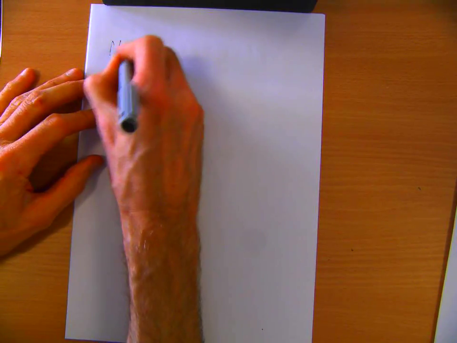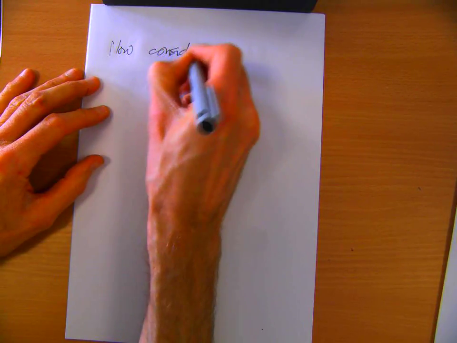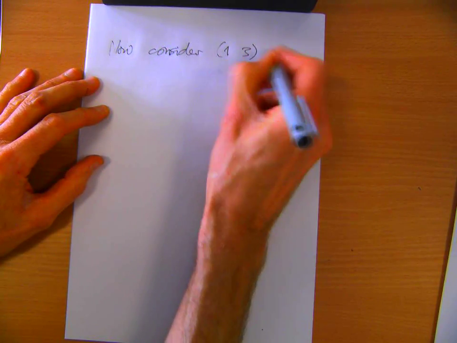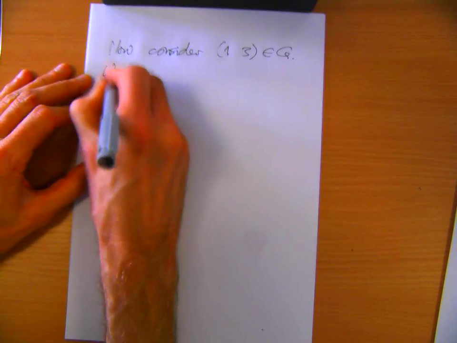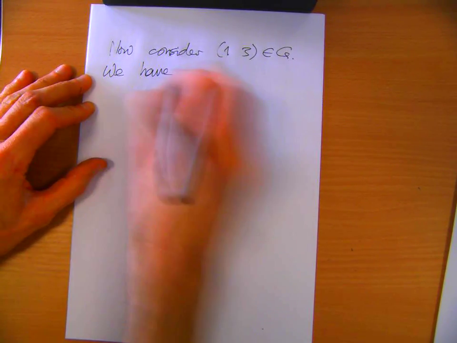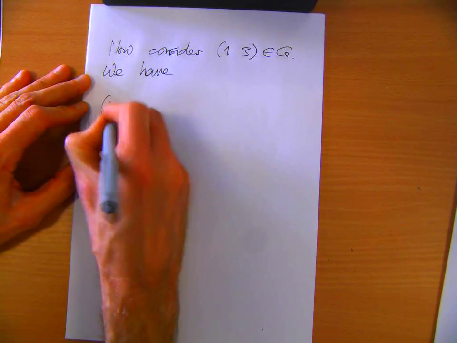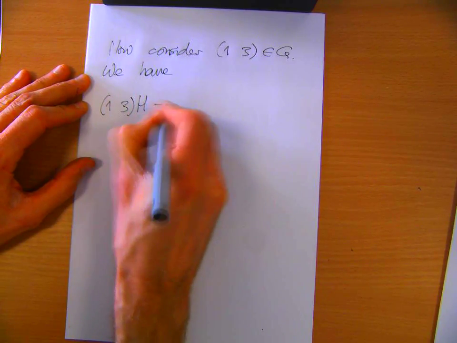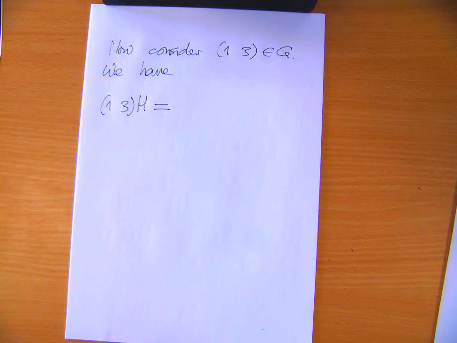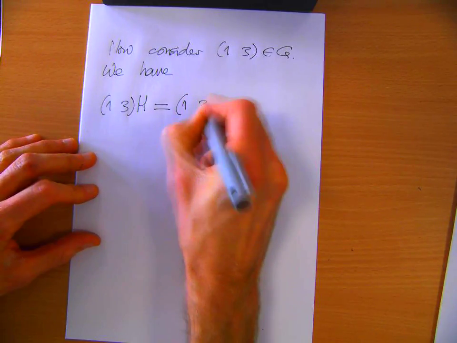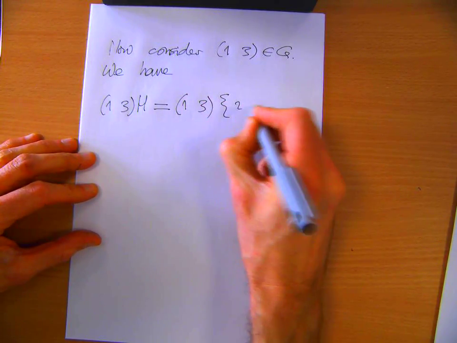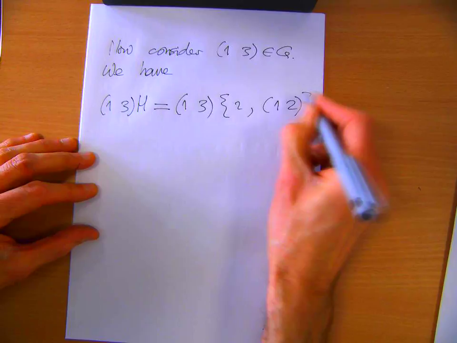So let's consider, say, (1 3) in G. What's the left coset that contains (1 3)? Well, we know that's (1 3)H, which is (1 3){ι, (1 2)}.